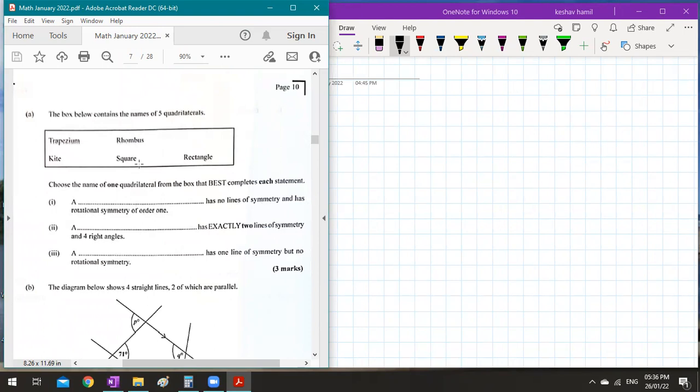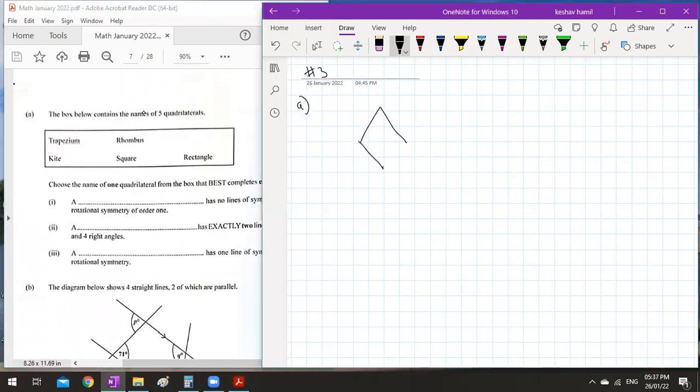Now a square is symmetrical, a rectangle is symmetrical. Now a kite is like this, right?